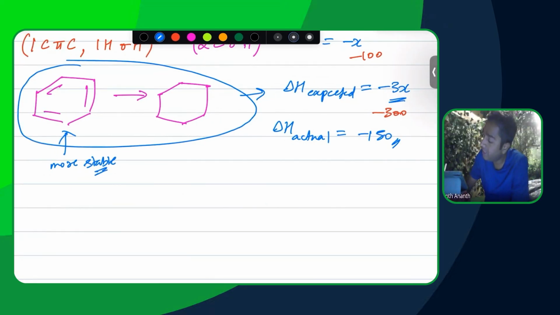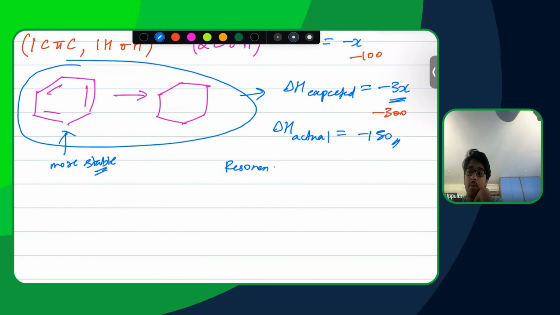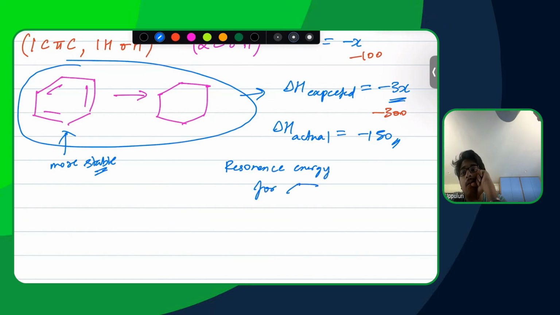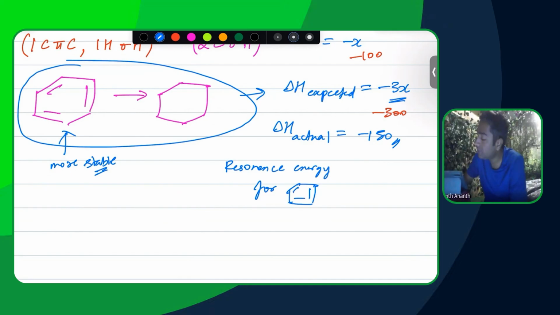Then basically resonance energy for benzene is going to be minus 150. Or let's change the numbers here slightly so that it is easier.